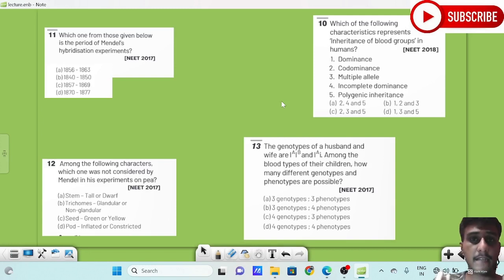He presented his result in 1865 at the Brunn Natural History Society. In 1866 his paper was published, and till 1900 his work was not seen by the outside world.